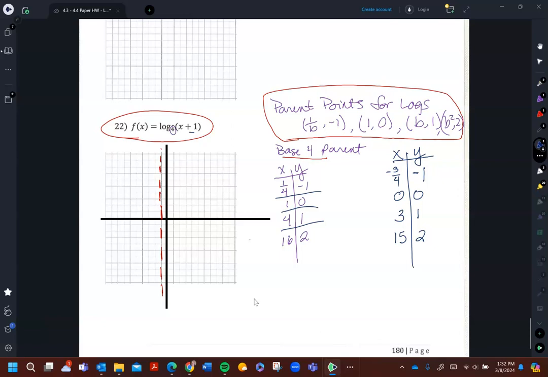Then I go ahead and plot these, and it's just a sketch and it's a little bit hard to see with this grid here, but you can just get as best as you can. Okay, so -3/4, -1 is going to be right about here, and then I'll have 0, 0.